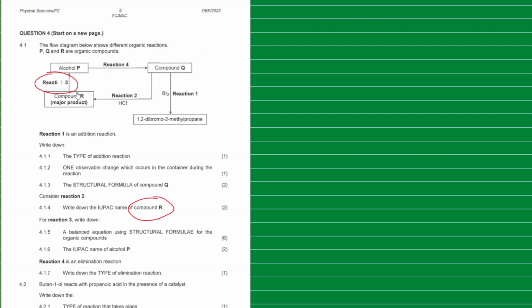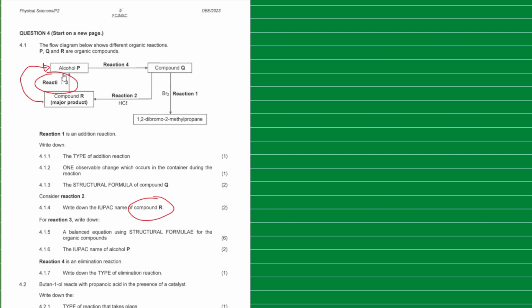So what we see here is we have got this 2-bromo 2-methyl propane, and we are reacting it to give us an alcohol. So what clue do we get from here? We have got an alkane that is being turned into an alcohol. So you'll find that the reaction is a substitution reaction, or we call it hydrolysis, because we are making an alcohol.